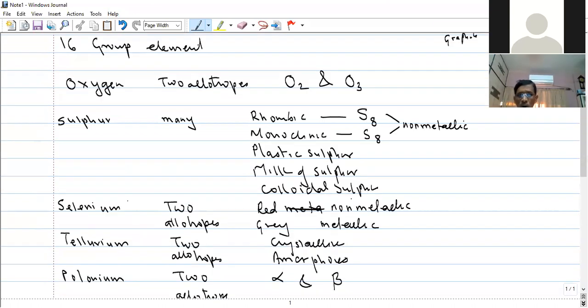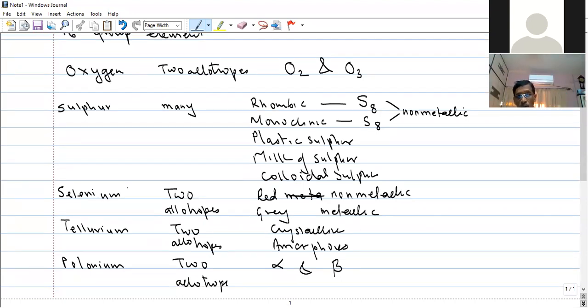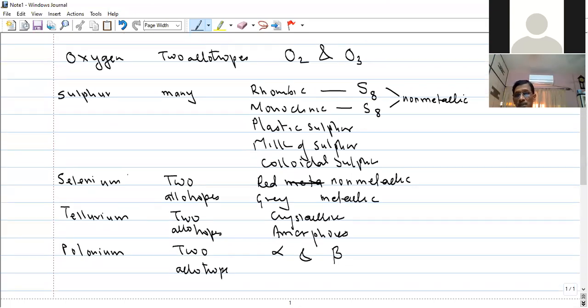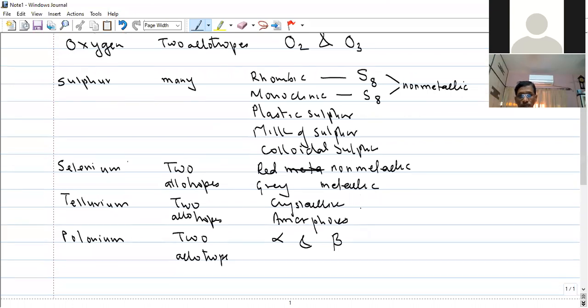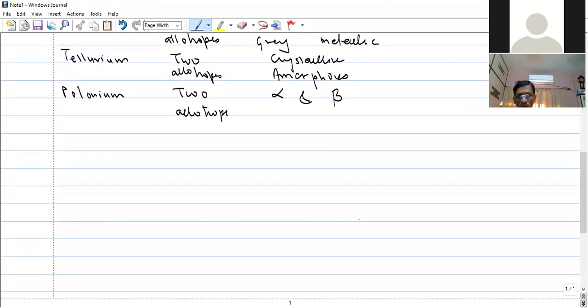So we have seen the common allotropes of oxygen, sulfur, selenium, tellurium, and polonium. Sulfur has many, but only two are discussed in your textbook as per your syllabus, rhombic and monoclinic. We'll emphasize the allotropes of sulfur.